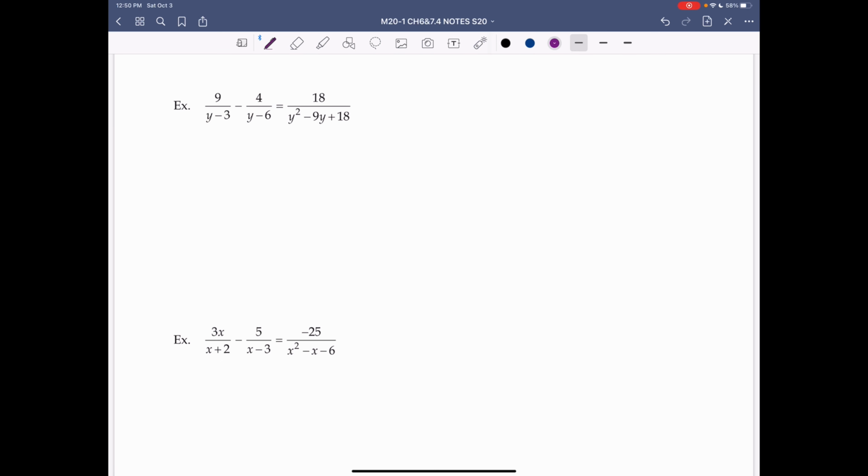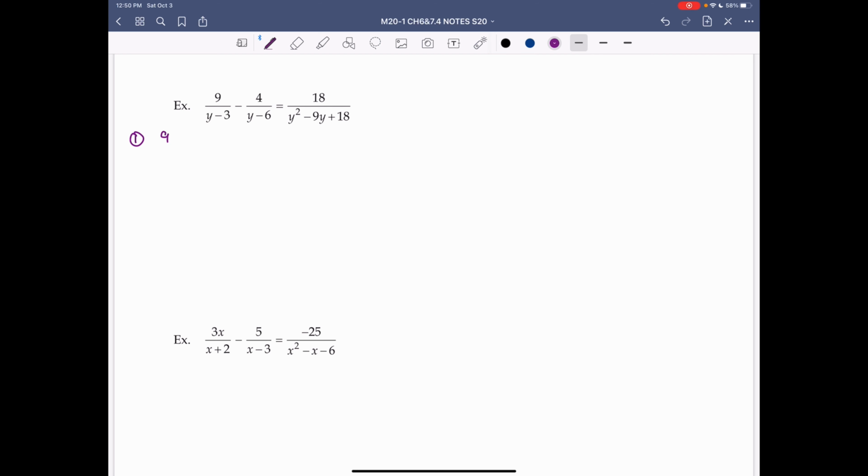9 over y minus 3 minus 4 over y minus 6 equals 18 over y squared minus 9y plus 18. Step 1, can we do any factoring? Yes, we can factor our third denominator.